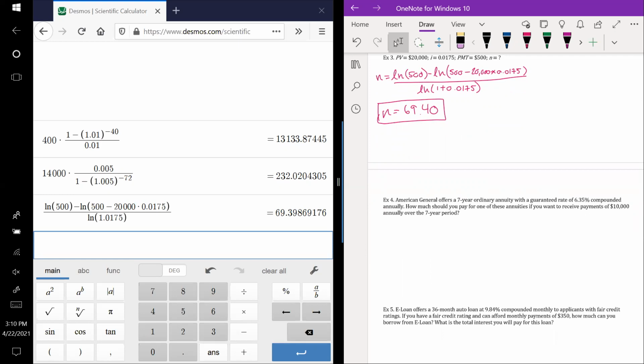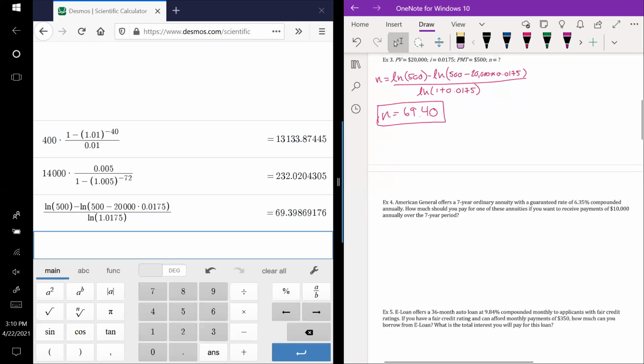How much should you pay for one of these annuities if you want to receive payments of $10,000 annually over the 7-year period? All right, so we want to receive payments of $10,000 over 7 years. All right, so this means we're looking for a present value. We want to know how much money should we pay for this annuity in order to get these payments of $10,000.